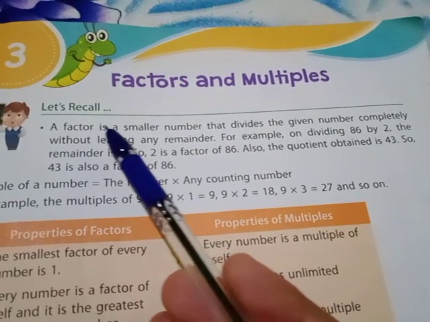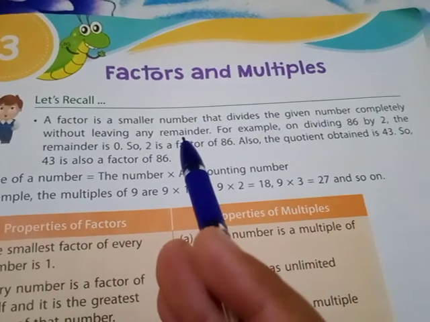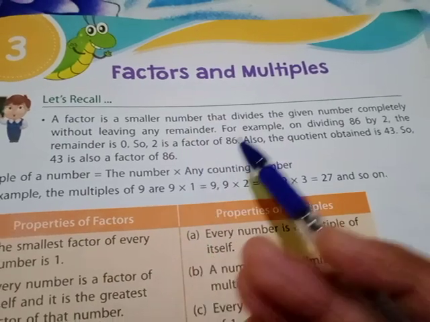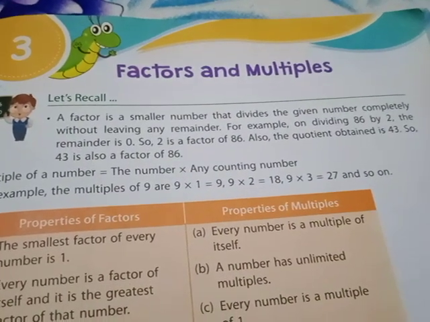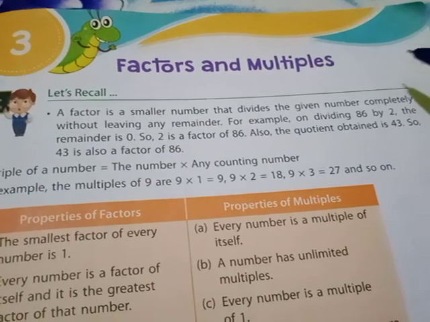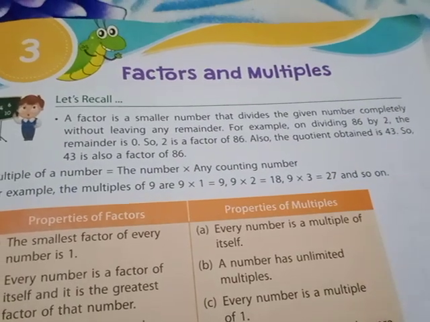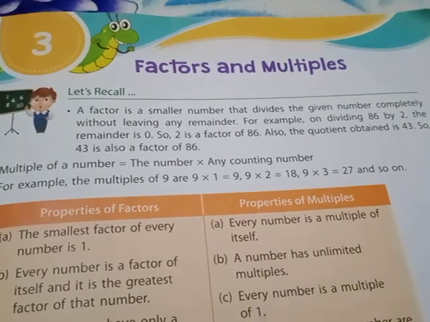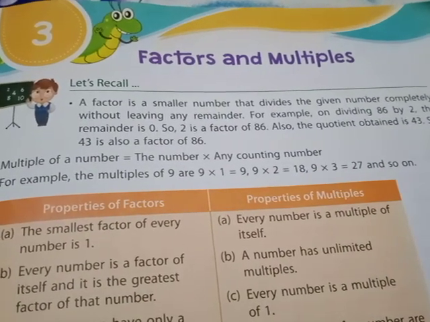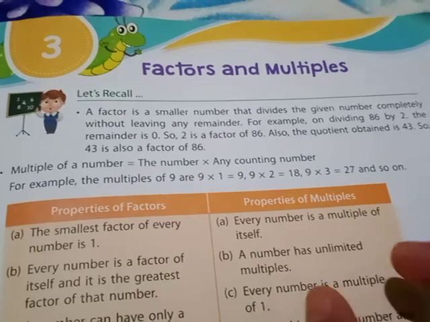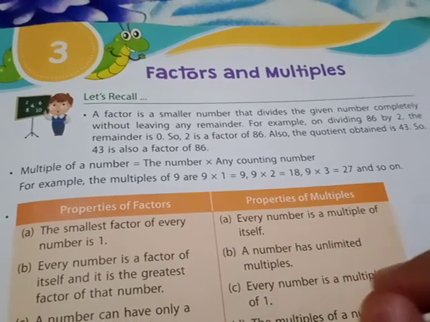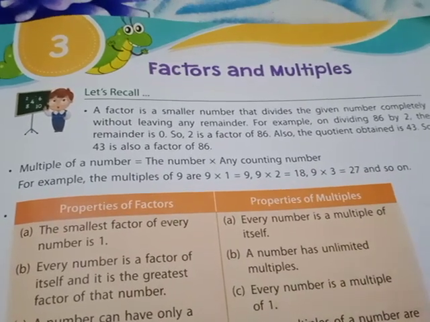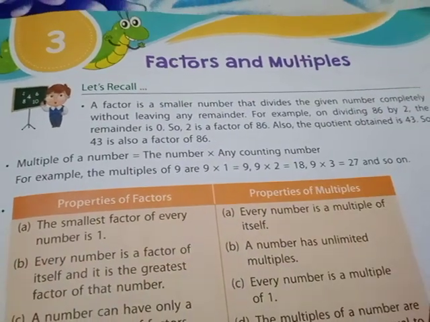Factor means the given number will be coming in which all tables. All those tables will be considered as the factor of the given number. In other words, we can say whichever numbers divide the given number without any remainder, all those numbers will be its factors.